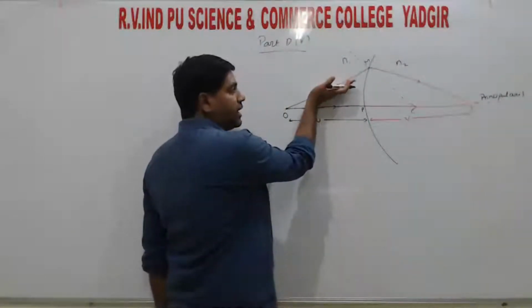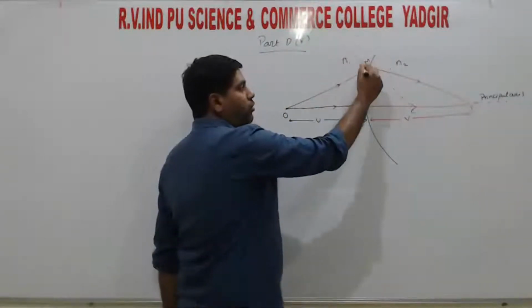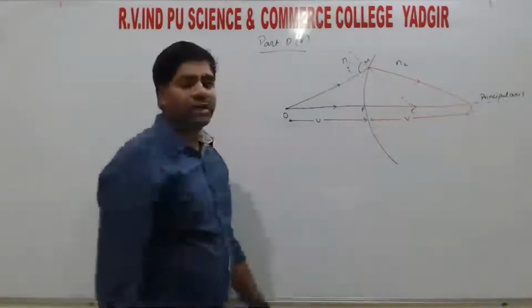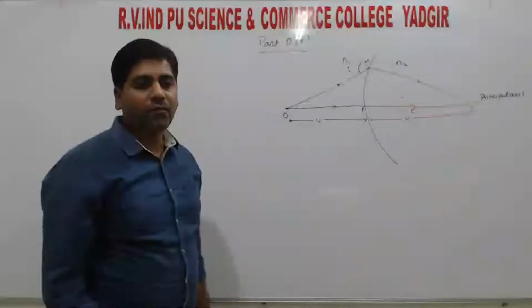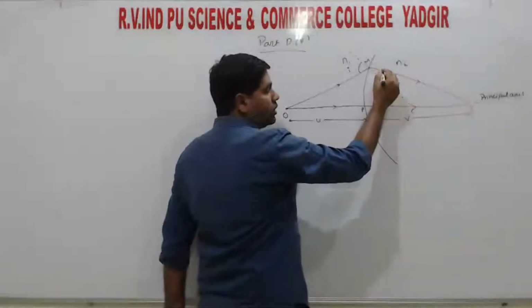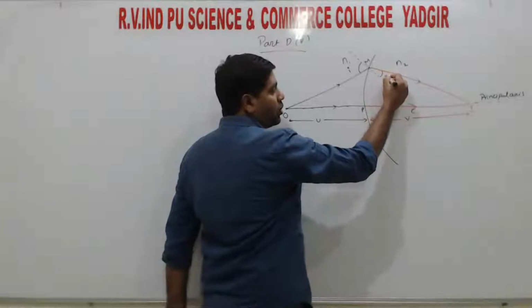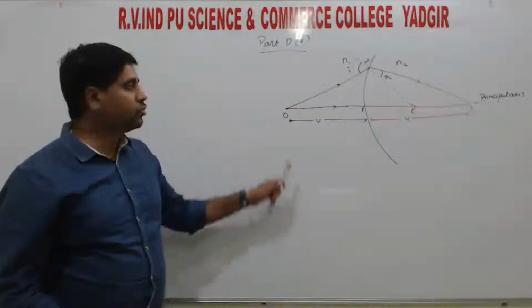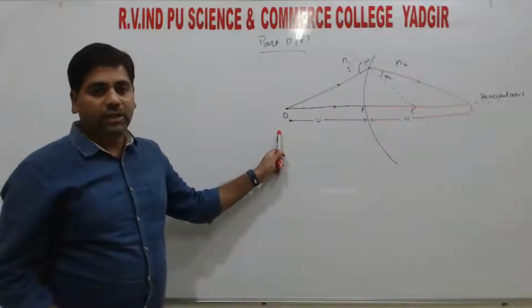So the incident ray makes an angle with the normal, and that angle we call the angle of incidence. We take it as I, where I is the angle of incidence. The refracted ray makes an angle with the normal, and that angle we take as the angle of refraction, that is R, right? So these two are mentioned in the diagram, right?